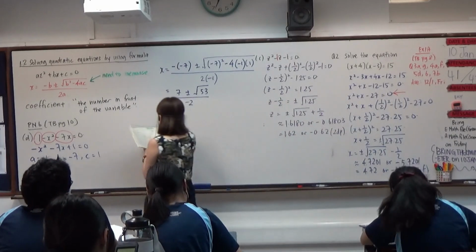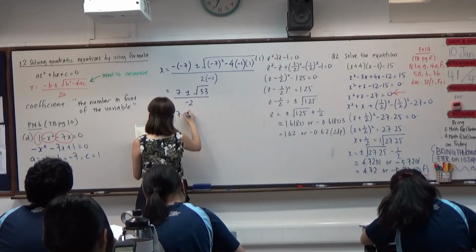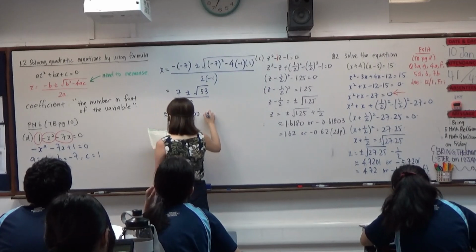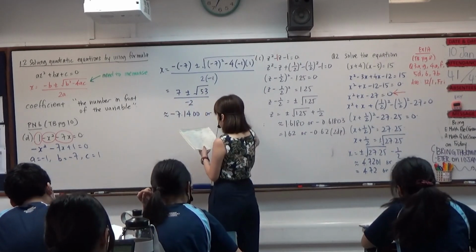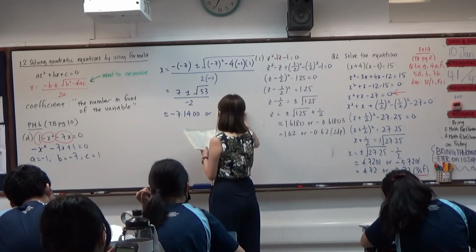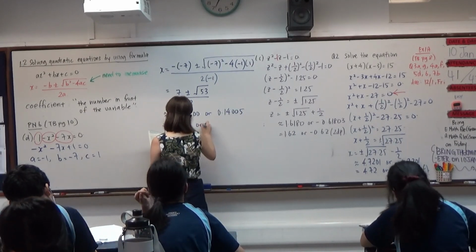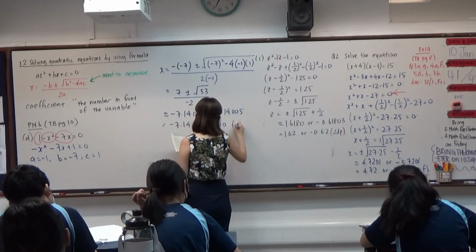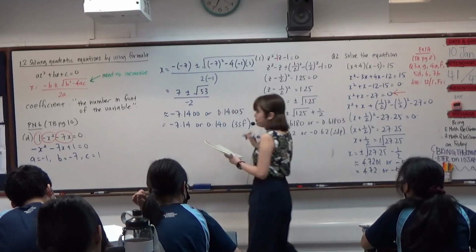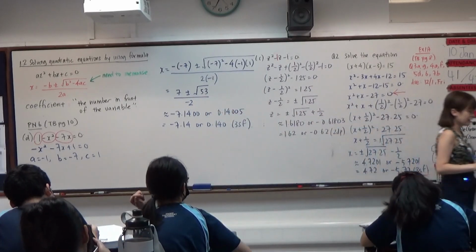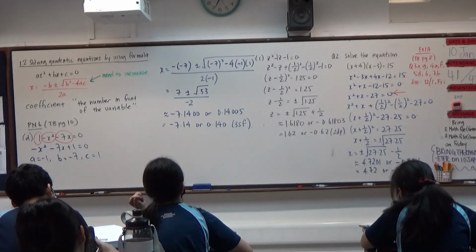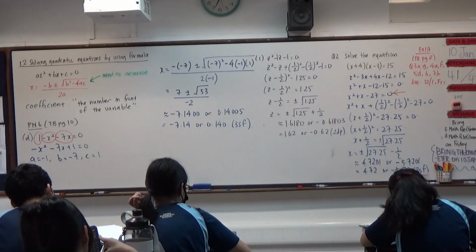So we will get negative 7.14, 0, 0 correct to 5SF. Okay, so we get negative 7.14 or 0.140.